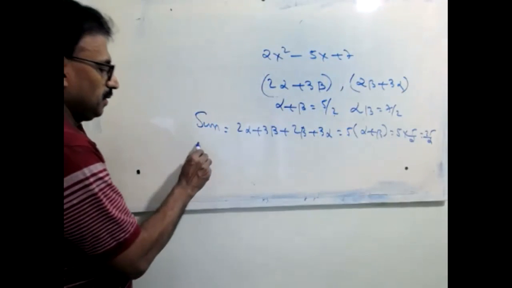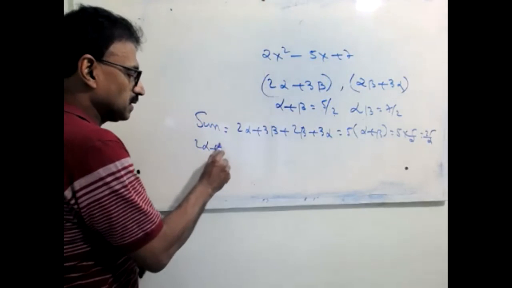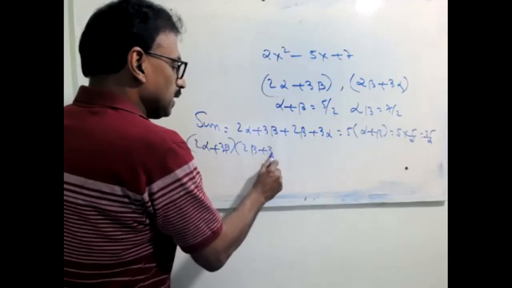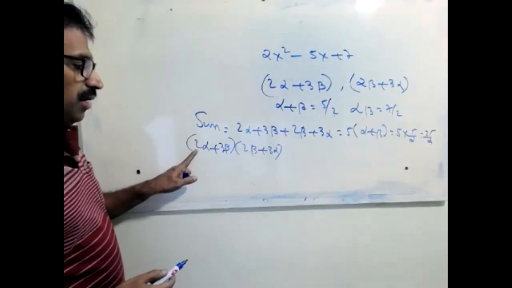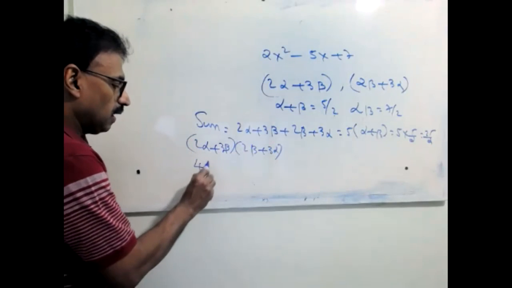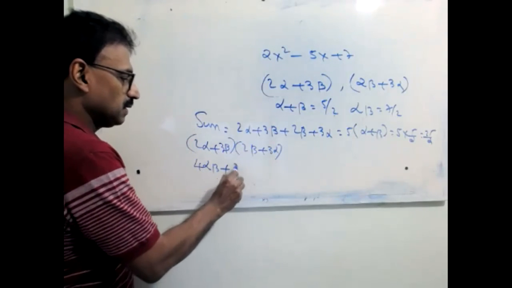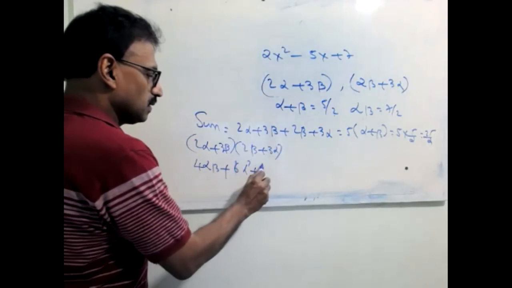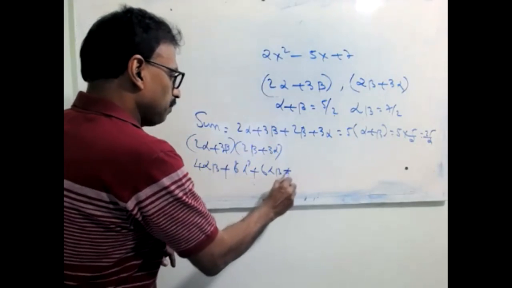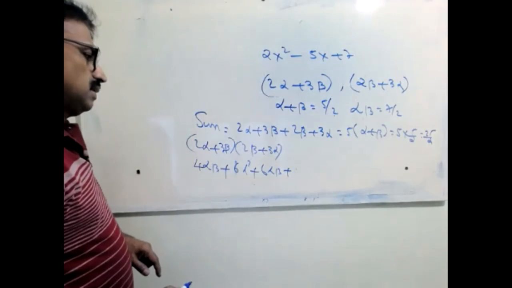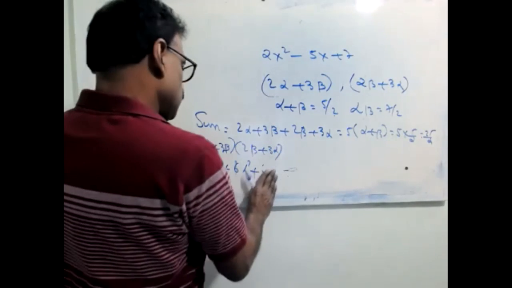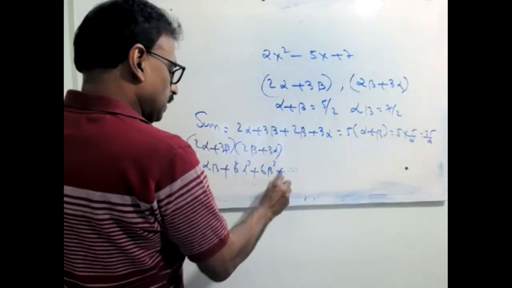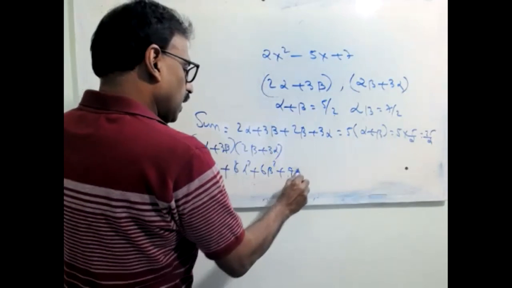Then product 2 alpha plus 3 beta into 2 beta plus 3 alpha. Multiply 2 alpha into 2, that is what? 4 alpha beta plus 6 alpha square plus 6 alpha beta plus 6 beta square plus 9 alpha beta.